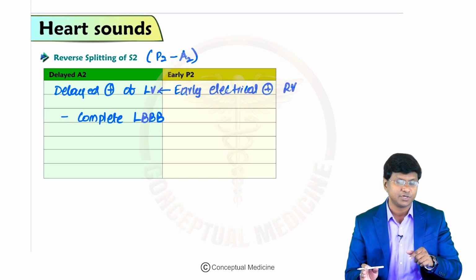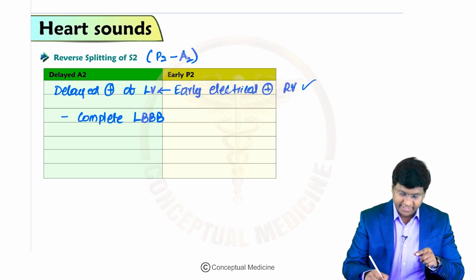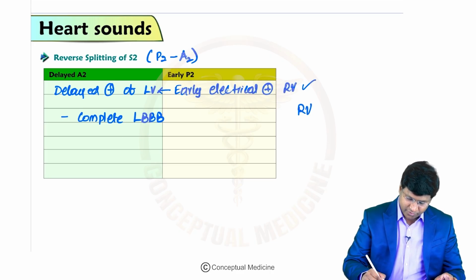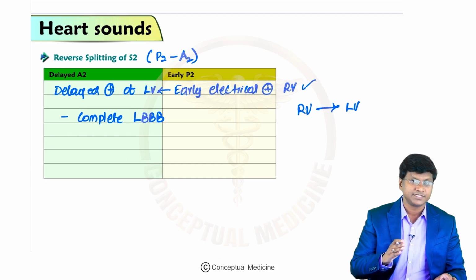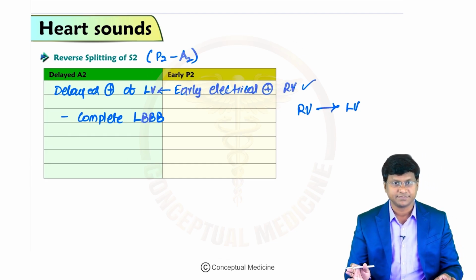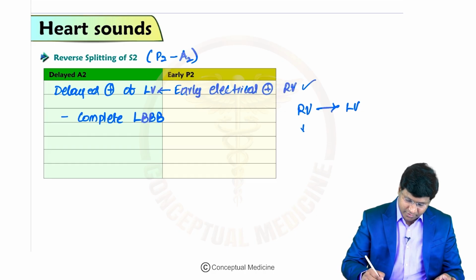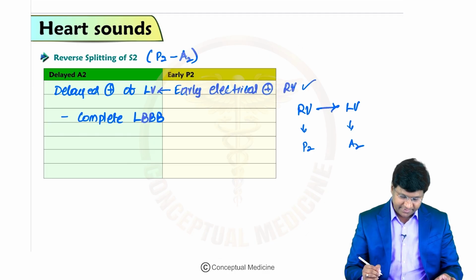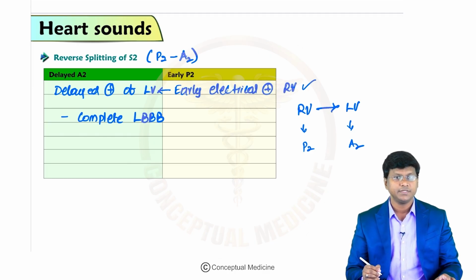The right ventricle will contract first, and then the impulse goes to the left ventricle, resulting in left ventricular contraction. Whenever the right ventricle contracts you have P2, and whenever the left ventricle contracts you have A2. Okay, next.